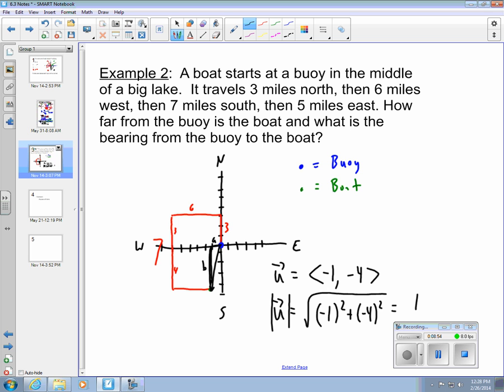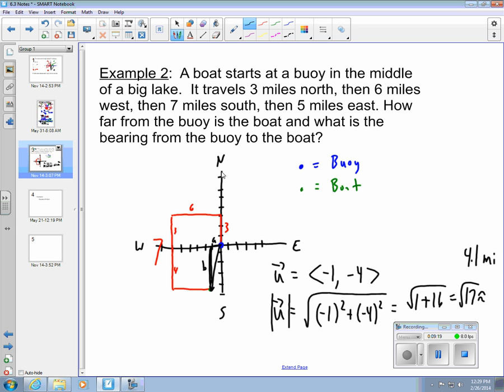It's 1 plus 16 gives us square root of 17. And if we want, we could approximate that. It's about 4.1 miles. Square root of 17, about 4.1. I would just do mi for miles.